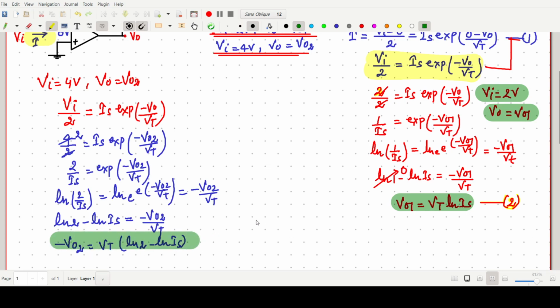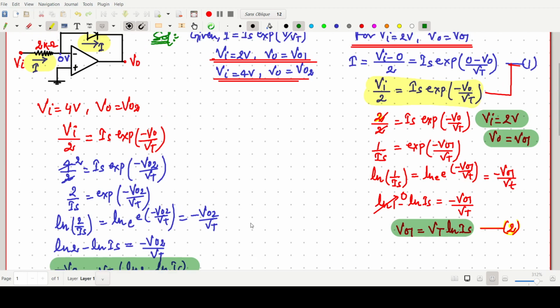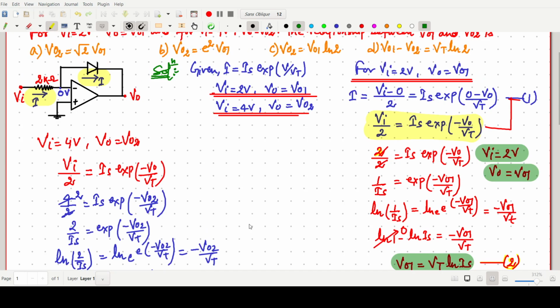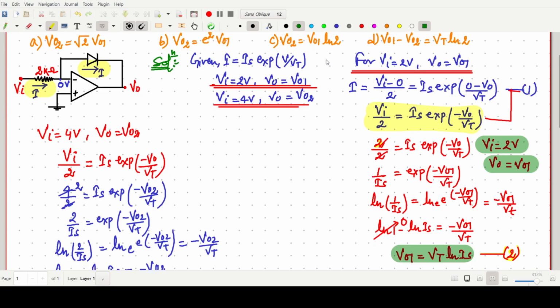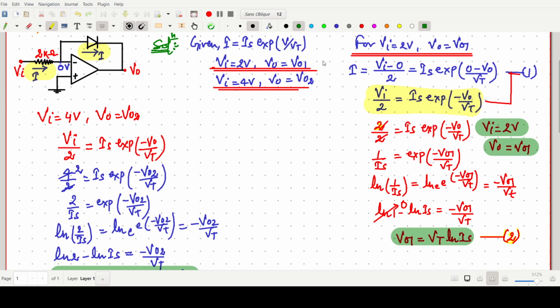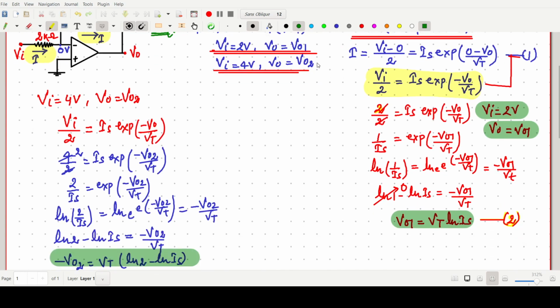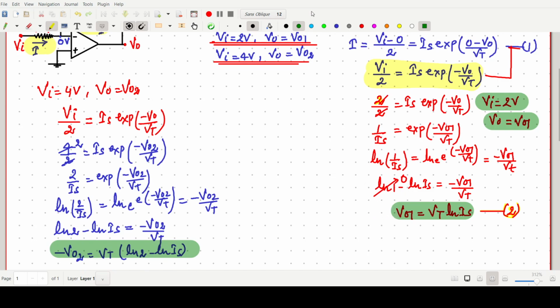Now we have the four options. Which option will be the most suitable? Because root 2 term is not there, a square term is not there, so V naught 2 equals to V naught 1 into ln 2 is also not possible. So the fourth option, V naught 1 minus V naught 2. V naught 1 is there and V naught 2 is there.